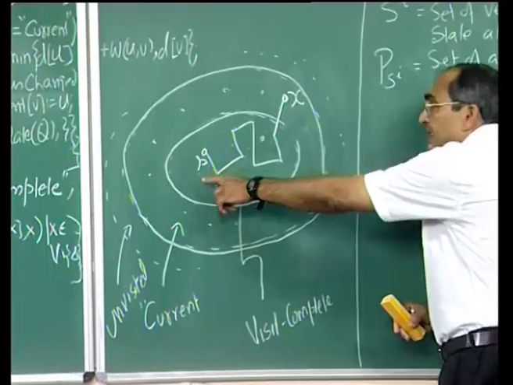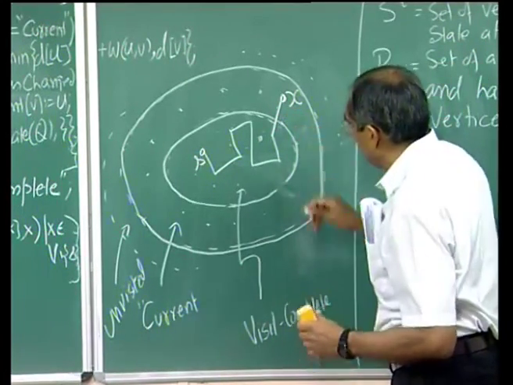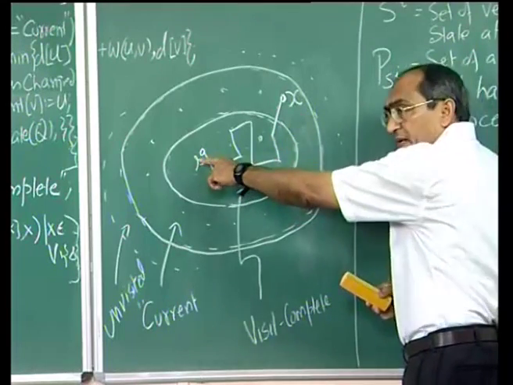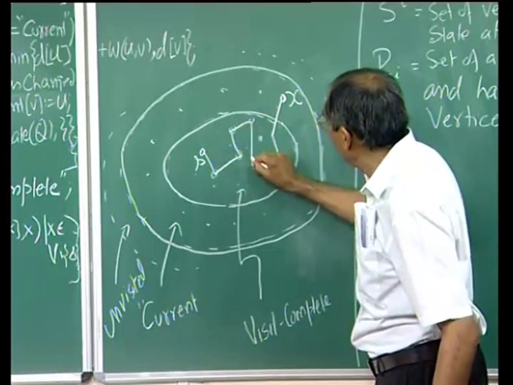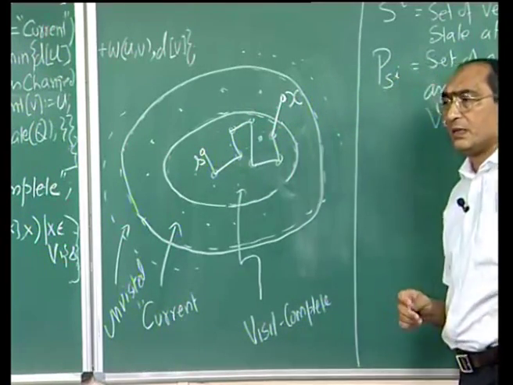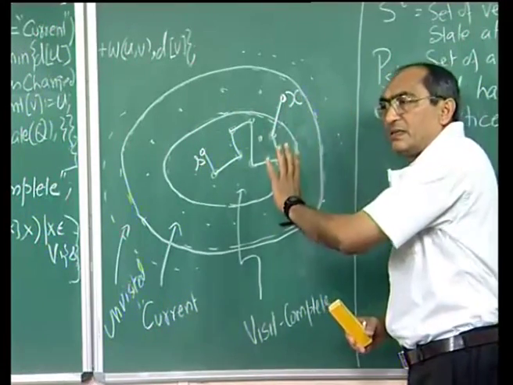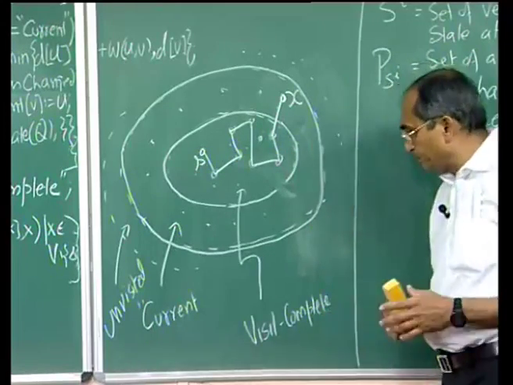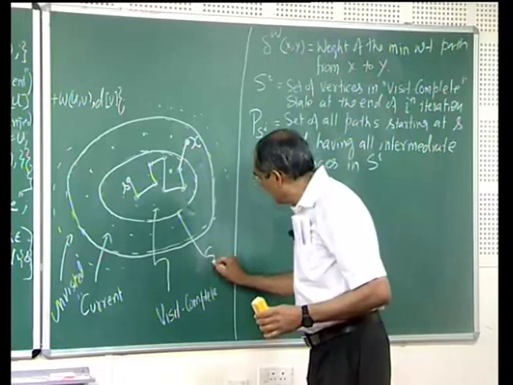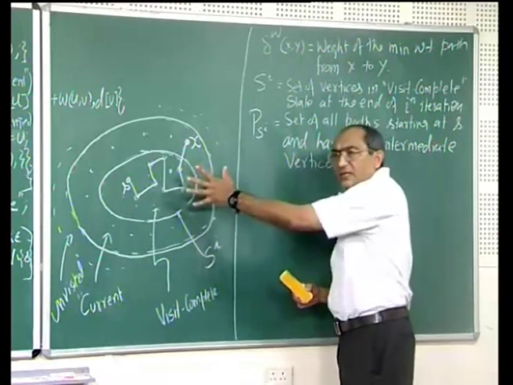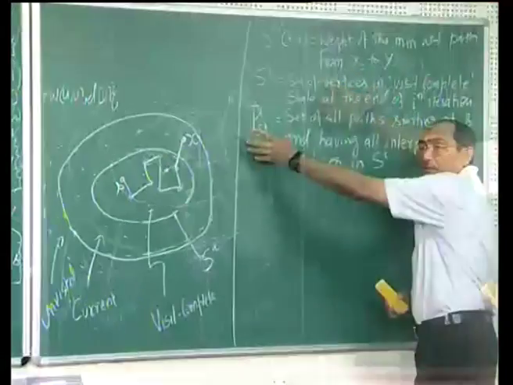Which starts at s, ends at x, and all vertices except the last one, which means the first vertex is s, the intermediate vertices are these and this. They are all inside Si, which means all but the last vertex must be from Si. Okay, this is Si. Assuming that this is the picture after ith iteration. So, such paths are members of this set.